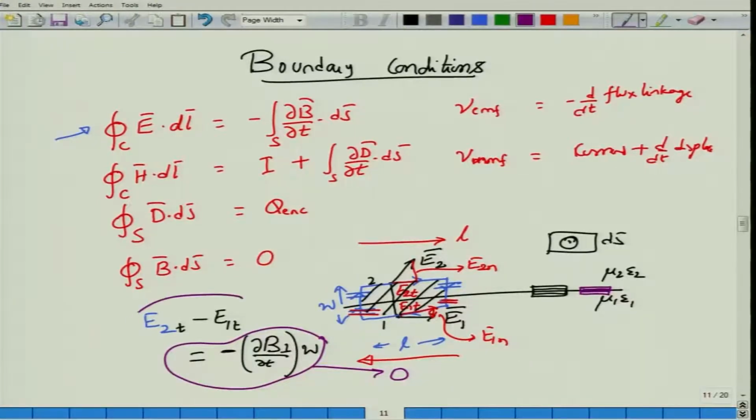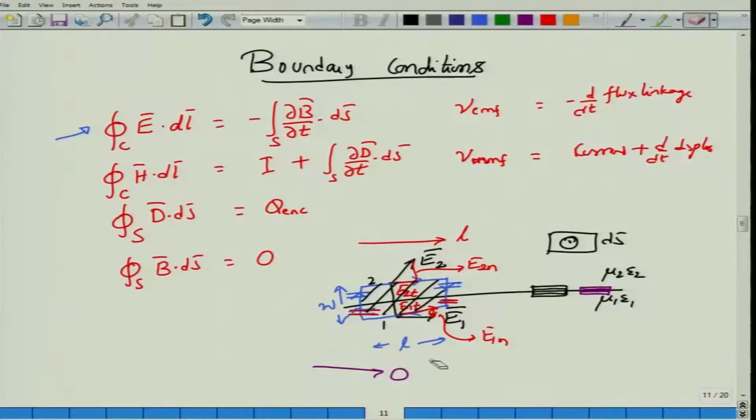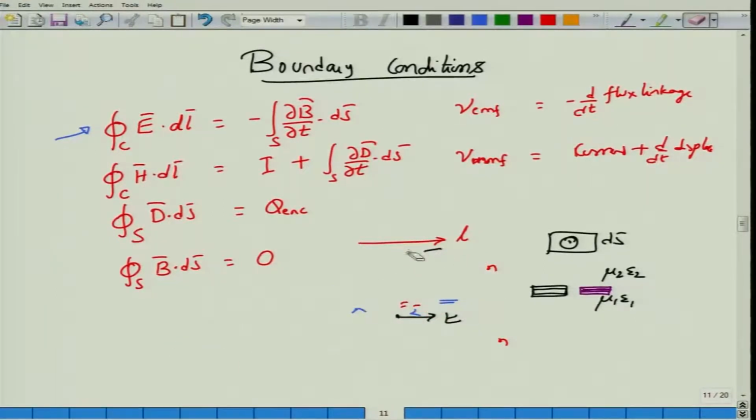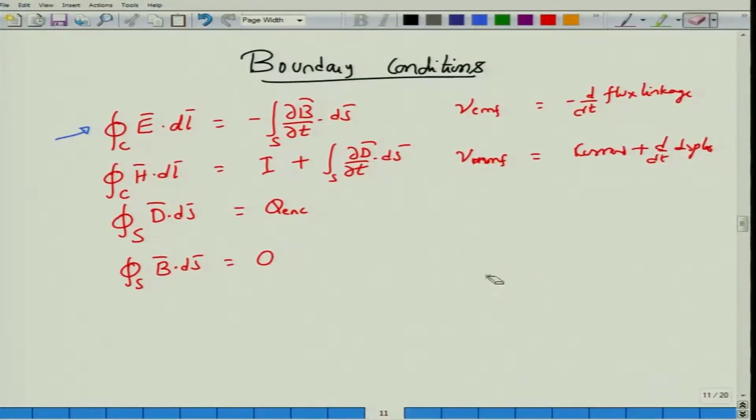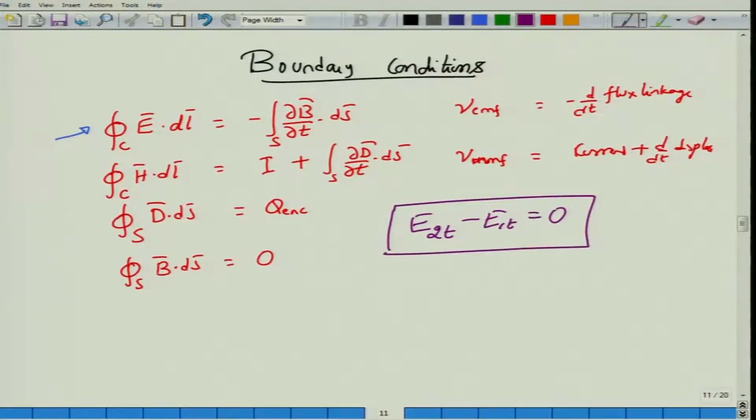So giving you the first boundary condition, that the tangential electric fields must be continuous across the two boundaries that you have talked about. So let me just write that one. Faraday's law tells you that E2t minus E1t must be equal to 0. So the tangential continuity of the electric fields is the first boundary condition that you are looking for.